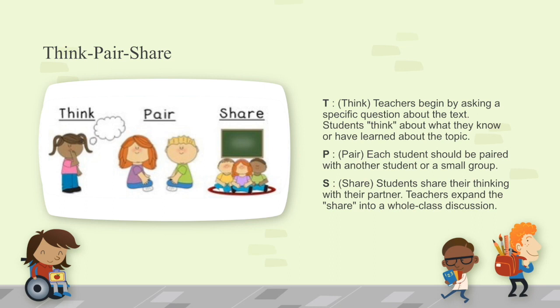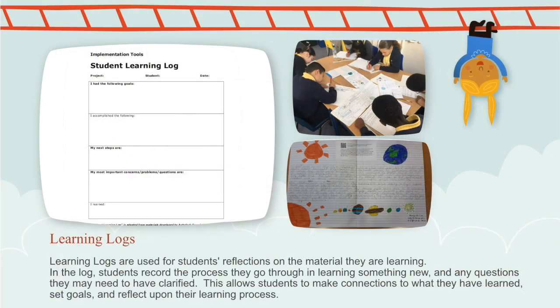Then they will pair with another student or a small group. Then the students will share their thinking with their partner, and the teachers will expand their share into a whole class discussion.